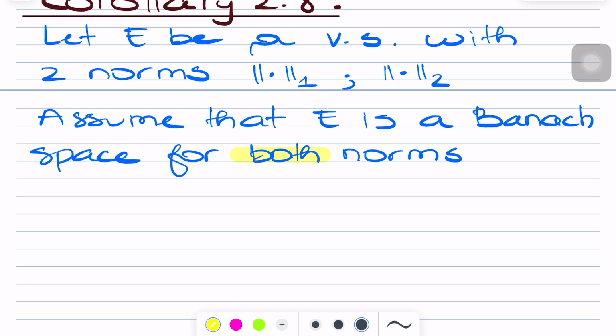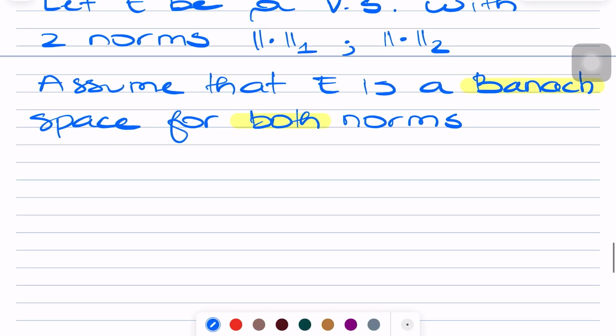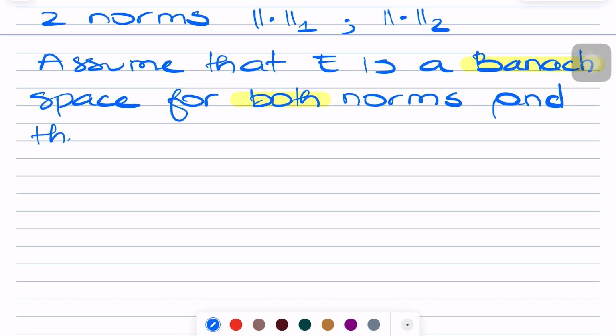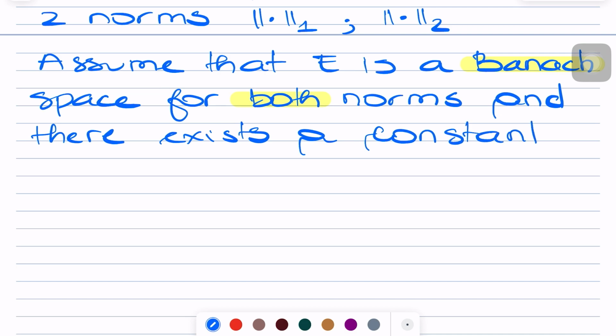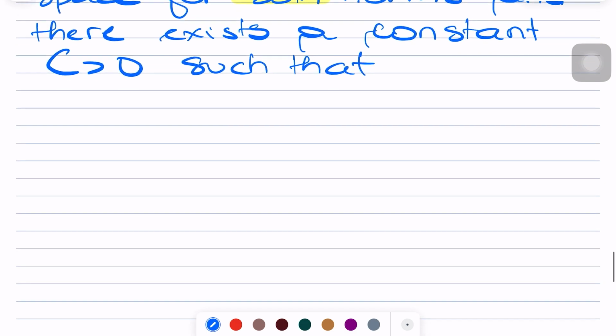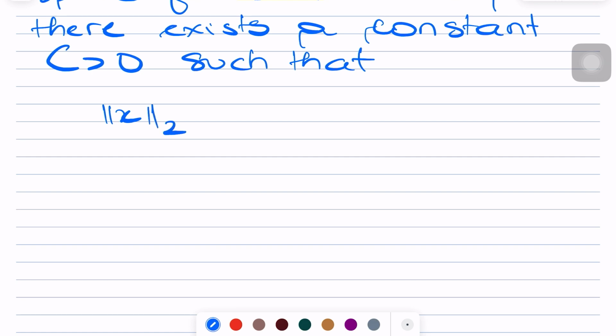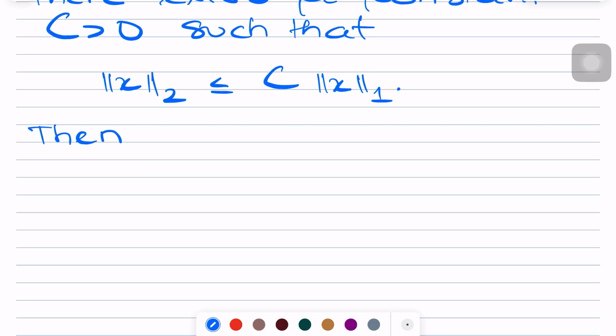So assume that E is a Banach space for both norms, and that there exists a constant C positive, such that the norm 2 of x is less than or equal to capital C times the norm 1 of x. Then the two norms are equivalent.